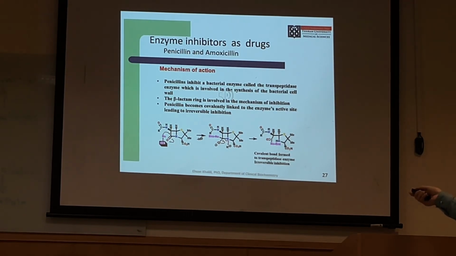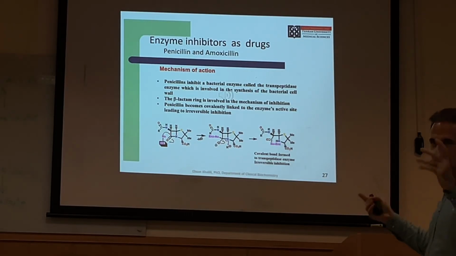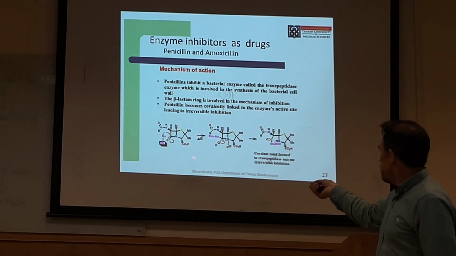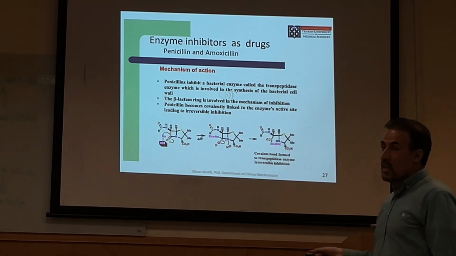What enzyme? The enzyme that synthesizes the bacterial cell membrane. So when that enzyme is inhibited, they can't synthesize their cell membrane, and so bacteria have to go away. So penicillin is one of those.